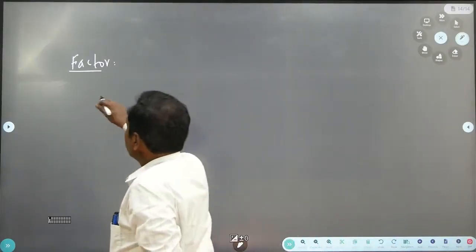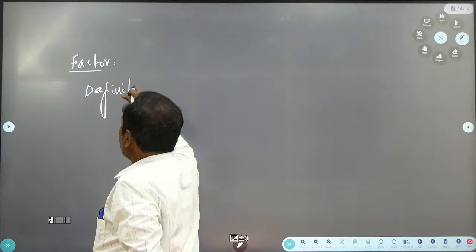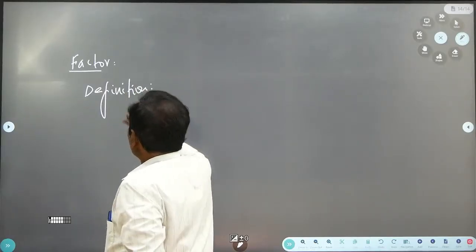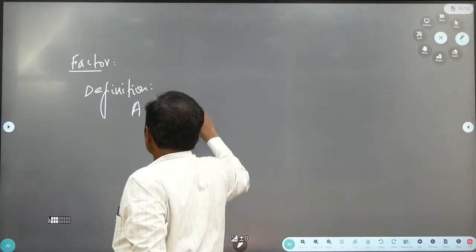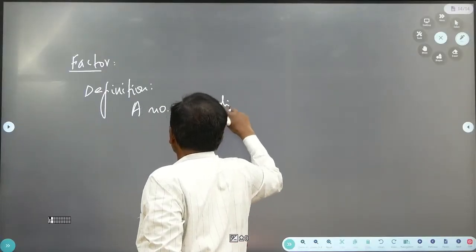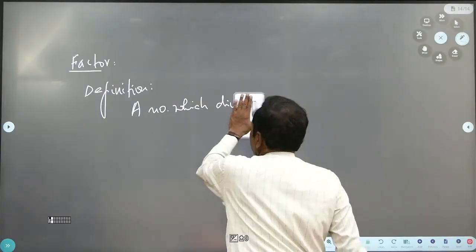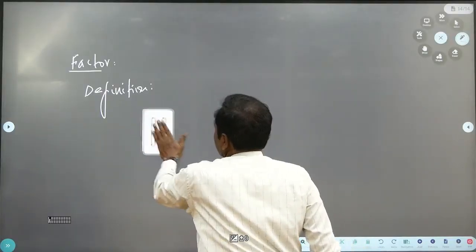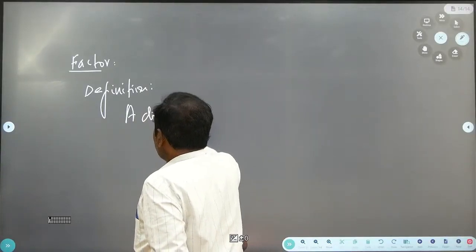Right. So definition: a number which divides... no, this is also not correct.